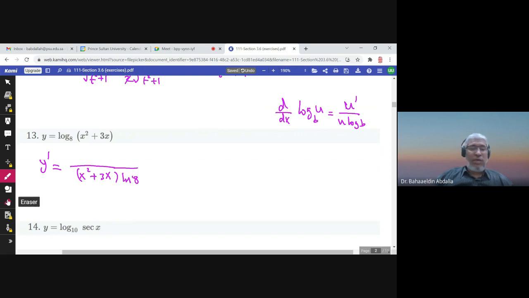It is ln, not log. Okay, the formula is u times ln b. And here you write the derivative, which is 2x plus 3. So this would be the answer.